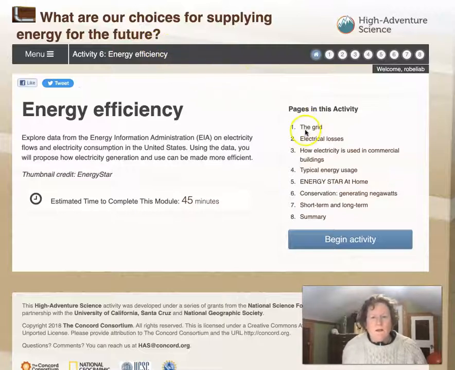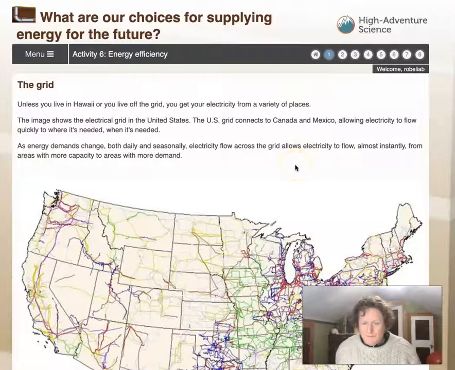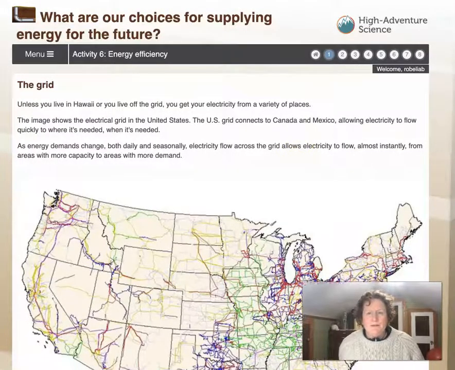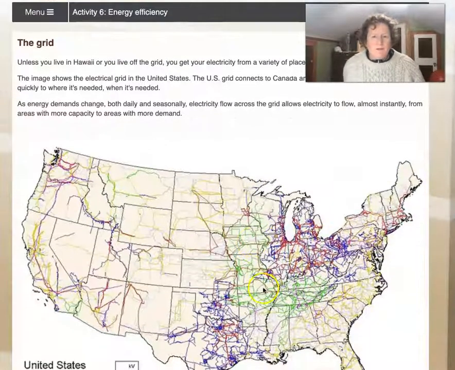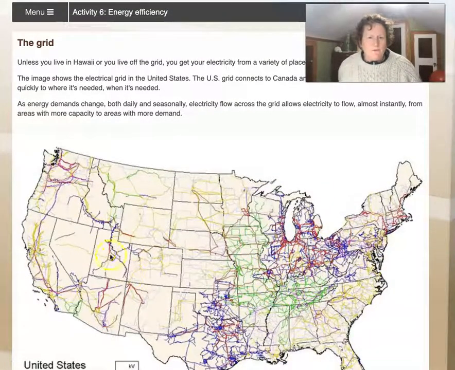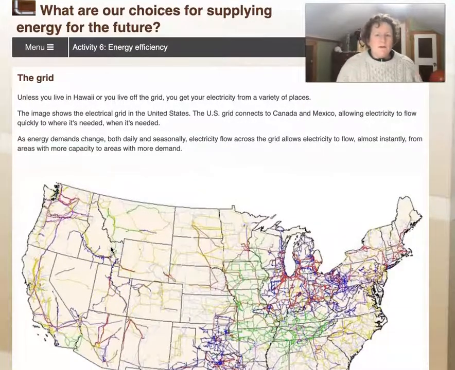We're going to start this energy efficiency activity by talking about the grid. The grid is the electrical grid. So you can see the maps of the grids all over the country that shows how the United States and Canada and Mexico cooperate with each other to distribute electricity all over the country.